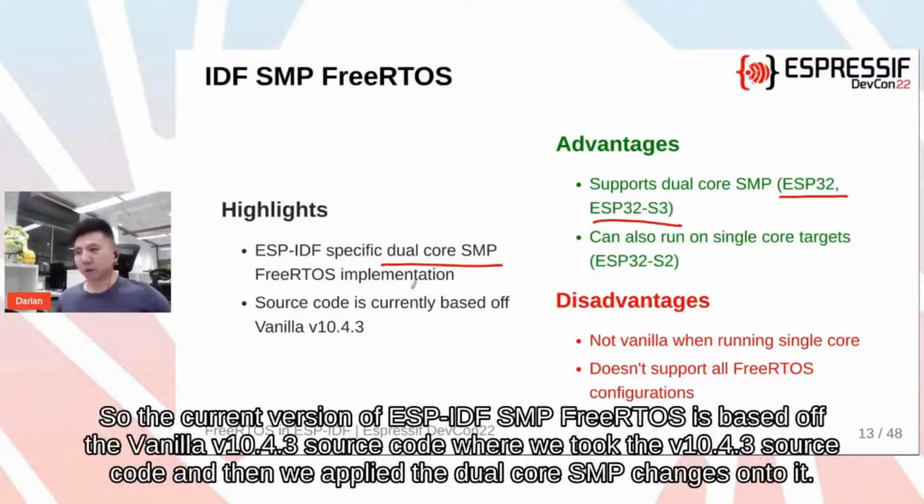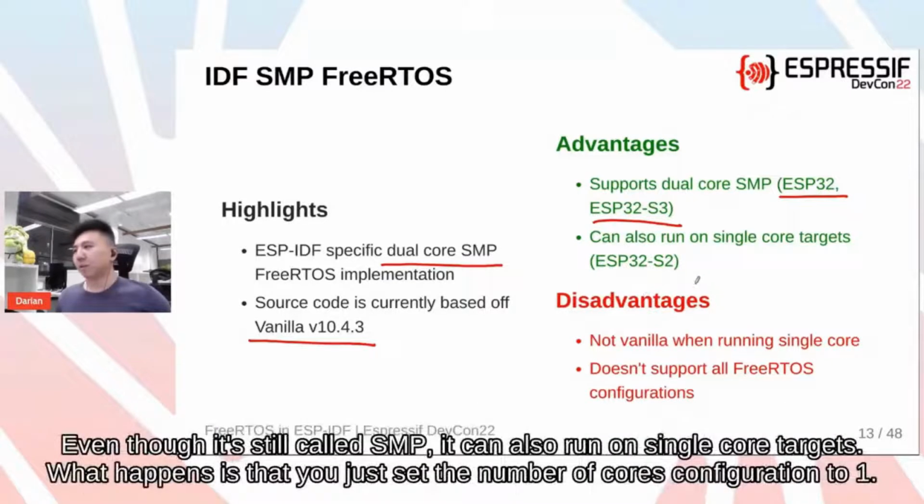So the current version of ESP-IDF SMP FreeRTOS is based off the vanilla version 10.4.3 source code, where we took the 10.4.3 source code and then applied the dual core SMP changes onto it. Even though it's dual core SMP, it can also run on single core targets. What happens is that you just set the number of cores configuration to 1.